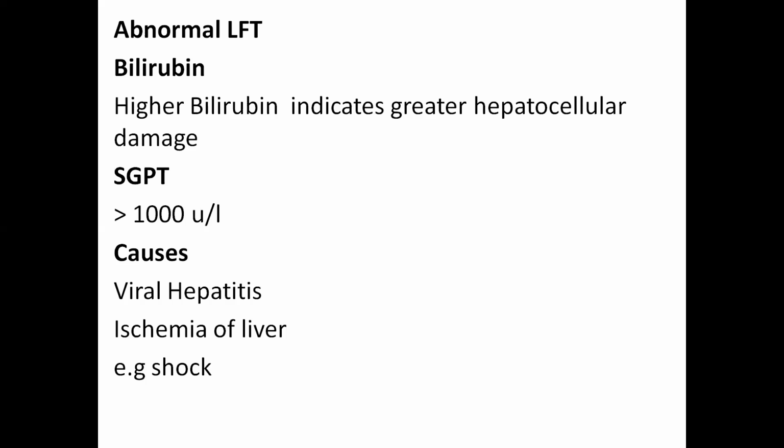If the patient goes into shock, there will be decreased blood flow to the liver and necrosis of the liver, and ALT may be very much raised. The third cause of very high ALT is toxins or certain drugs. For example, the drug INH or the toxin paracetamol poisoning. So these can cause very much increased ALT.